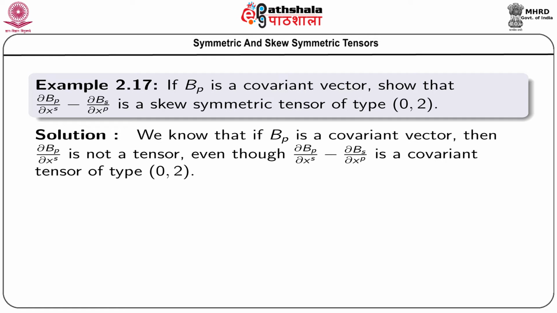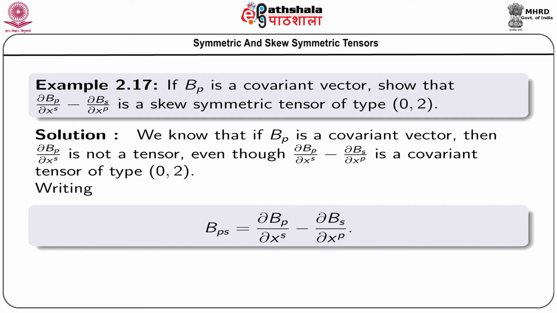We know that if B_p is a covariant vector, then del B_p del x^s is not a tensor. We can easily see by the transformation rule of B_p that del B_p del x^s is not a tensor. Though del B_p del x^s minus del B_s del x^p is a covariant tensor of type 0, 2. We can easily prove this just by replacing the transformation rule.